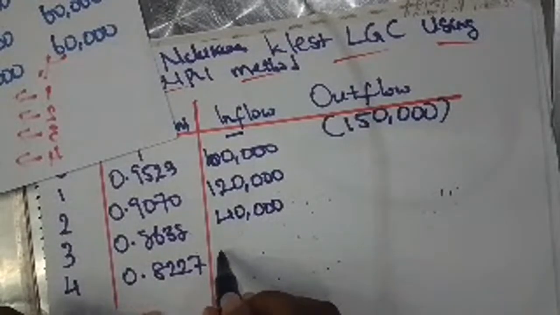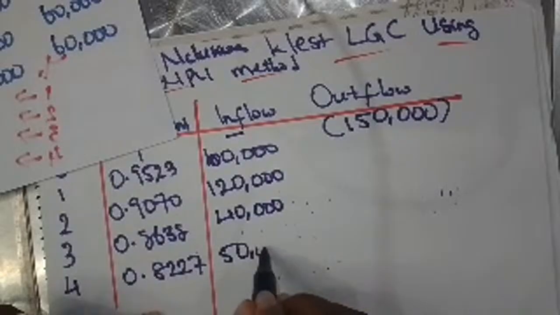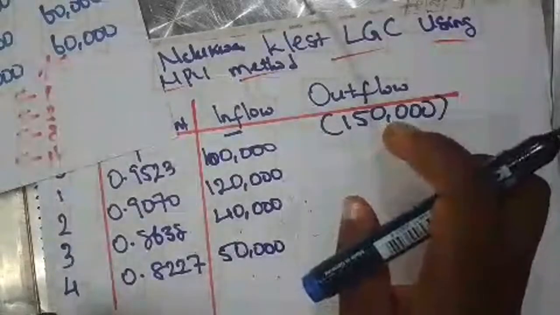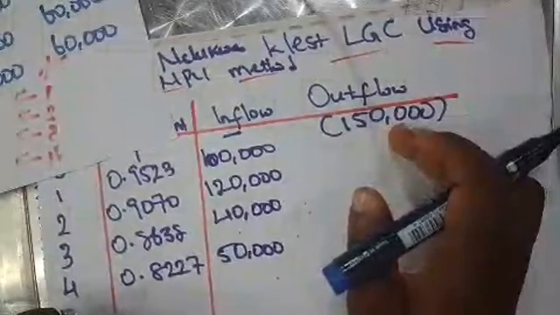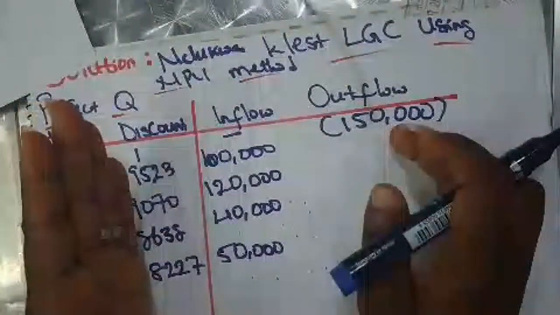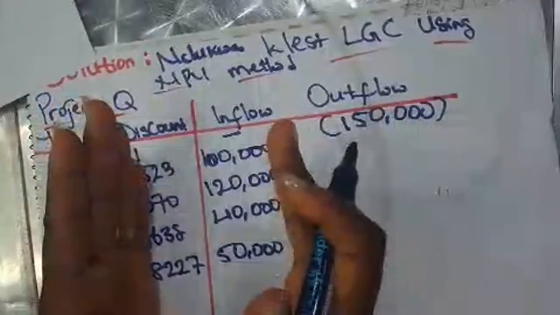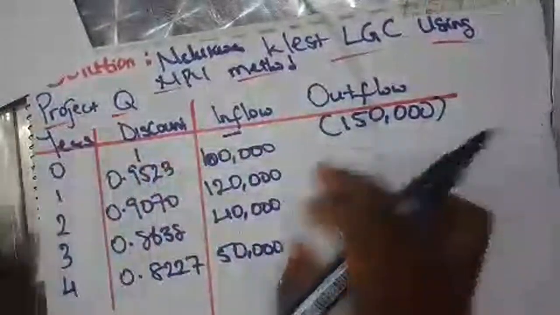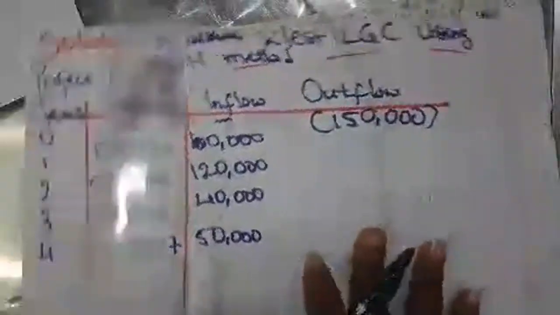And year 4, 50,000. So now, remember what we are going to do here. We did that yesterday. You have your discount, you have your inflow, you just multiply each of them to get the present value. So let's do that quickly.